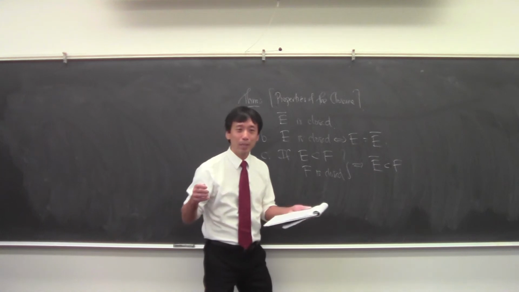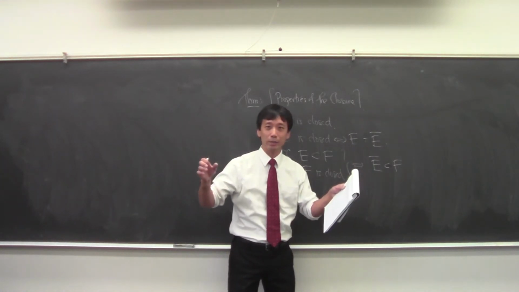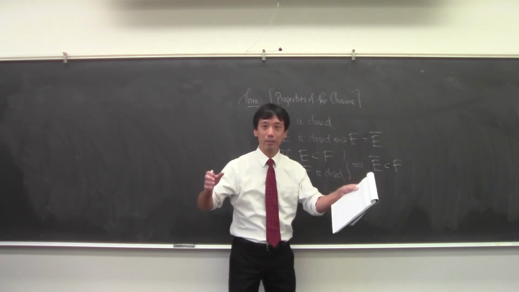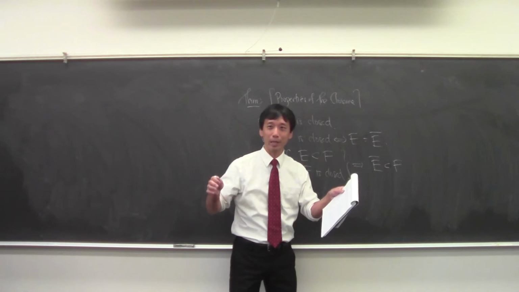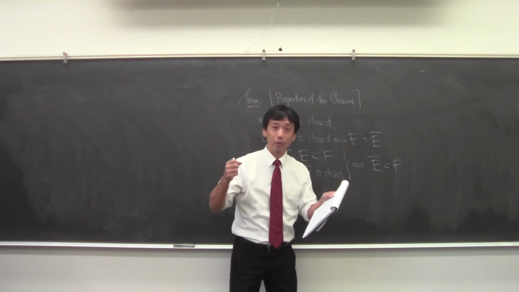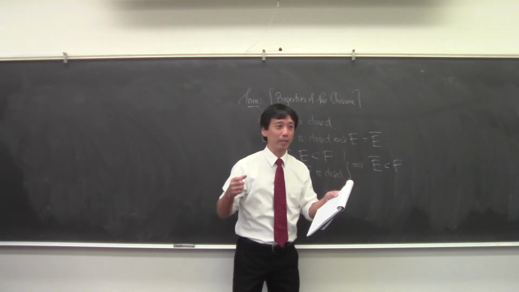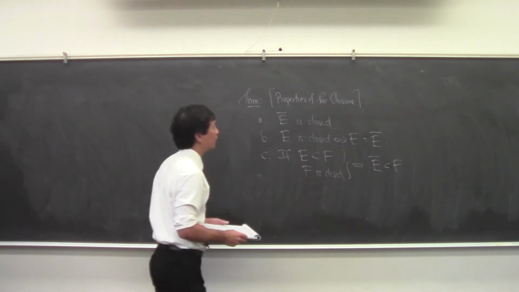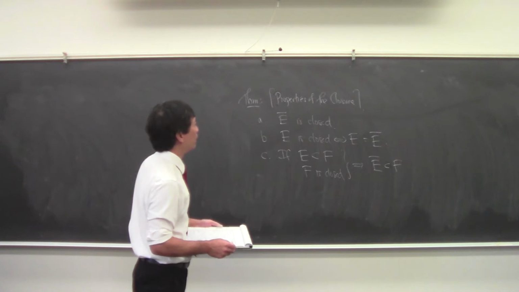Okay, so that means that you're taking the set and you're throwing in all its limit points. You're making a new set of set plus limit points. Then you're looking at the limit points of that new set, and you're saying that those limit points were already in the set.